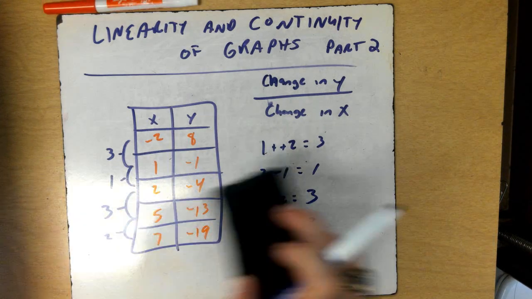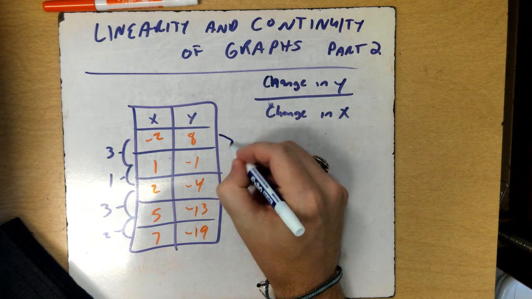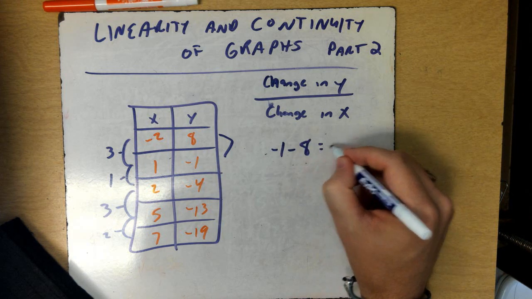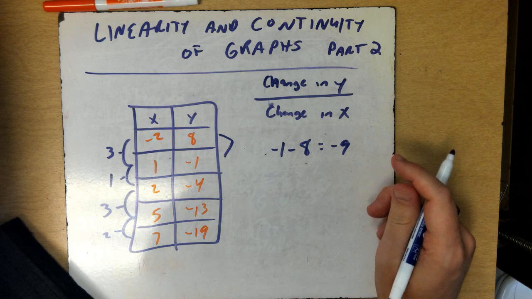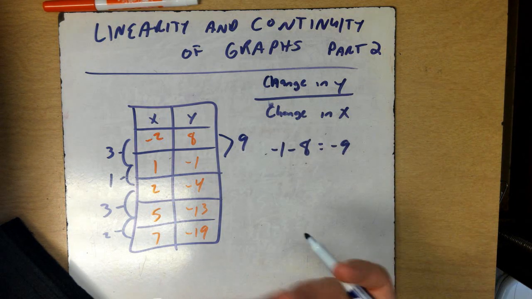Now let's do the y's. That was the x's, now it's the y's. We have 8 and -1, so -1 minus 8 gives us -9. So really your change is 9; it doesn't matter if it's positive or negative.